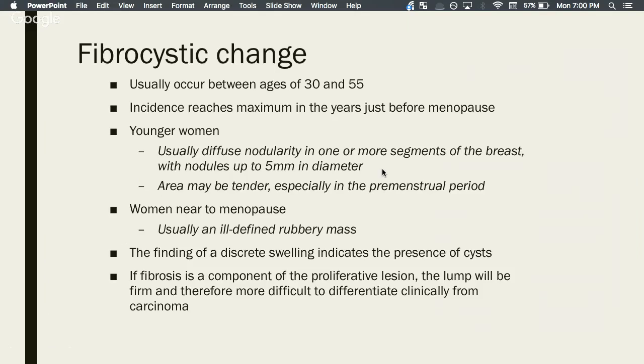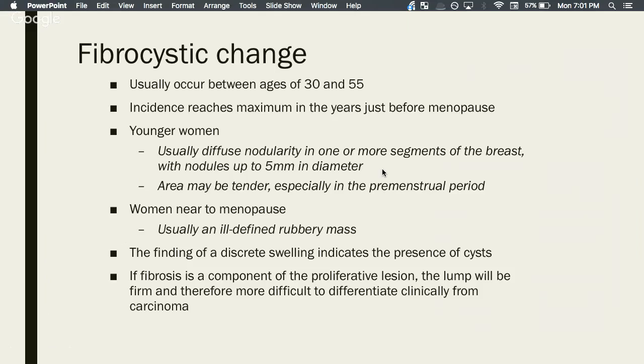In younger women, you can have a tender area, generally premenstrually, with diffuse nodularity up to about 5 millimeters. For women near menopause, it's an ill-defined rubbery mass, but you always have to do further investigations. They have fibrosis and cysts on histology.